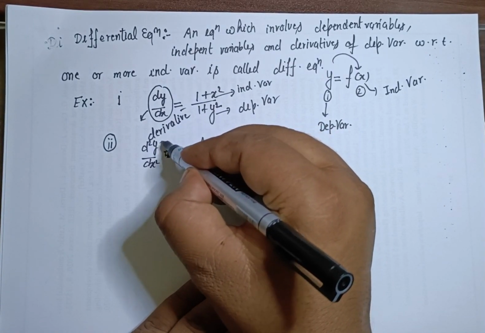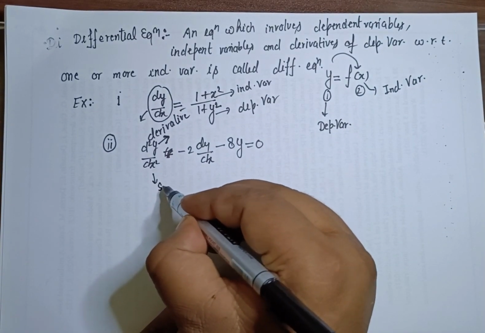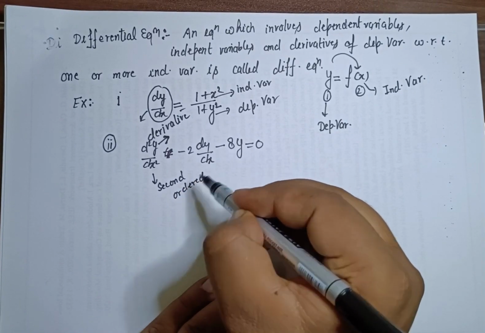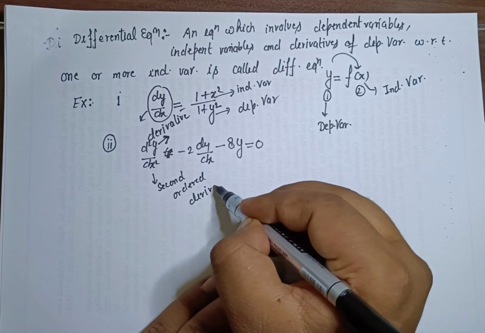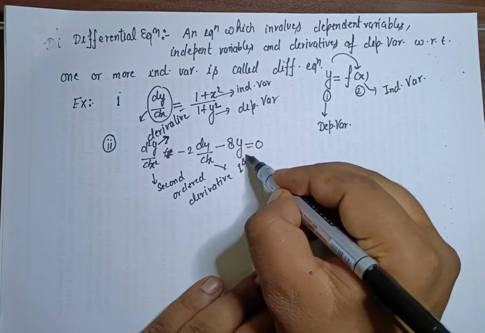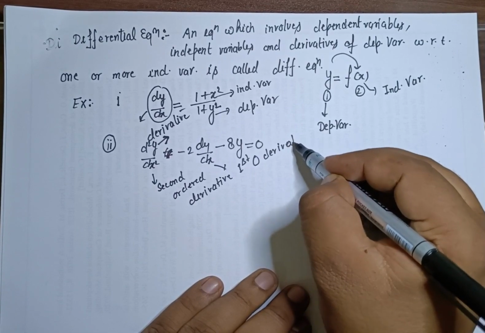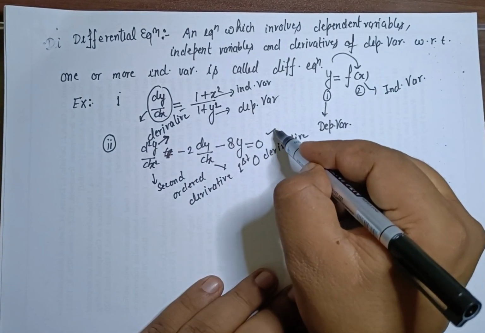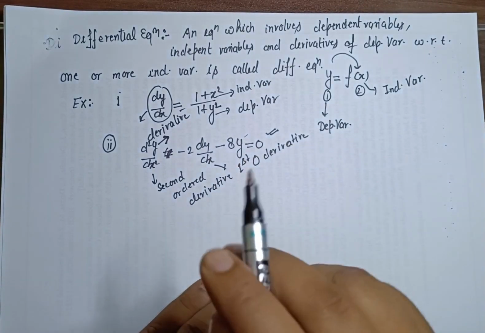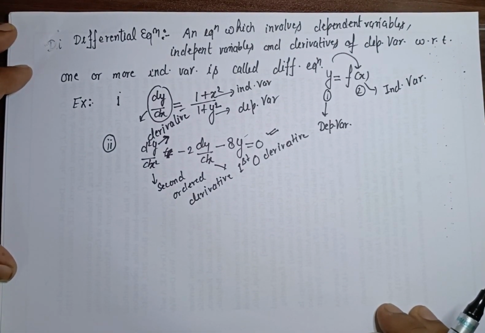Obviously we have a second order derivative involved here, so I am writing here second ordered derivative. And this one is the first ordered derivative, right? So in this differential equation, second order derivatives, first order derivatives, dependent variables and independent variables are involved.